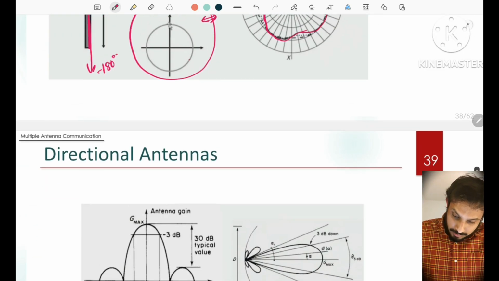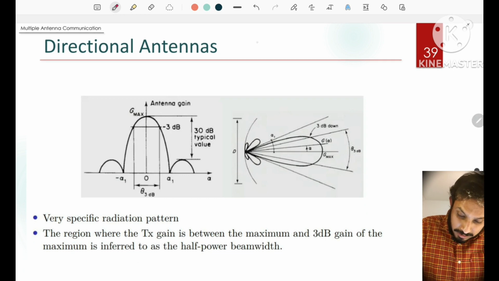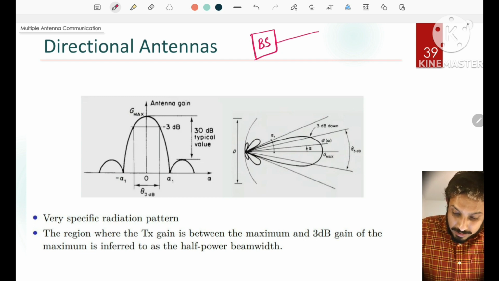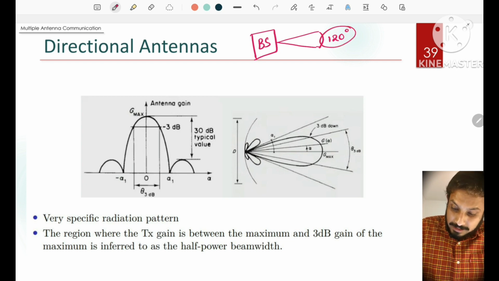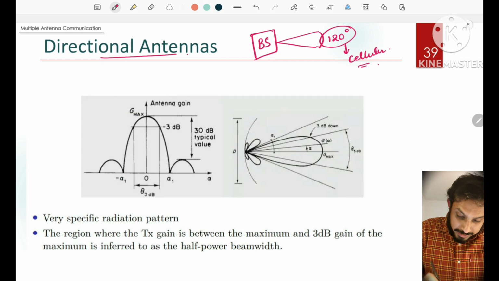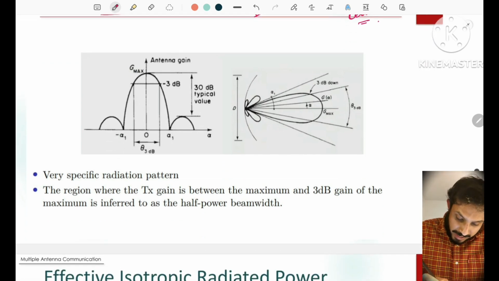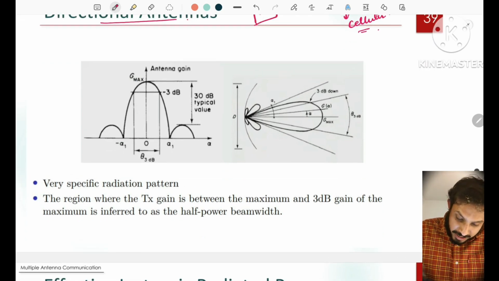Now, when we talk about the base station, base stations generally provide patterns in a sector of 120 degrees. This is a typical value in cellular systems. So in base stations, we generally use directional antennas, and directional antennas have a very specific radiation pattern.